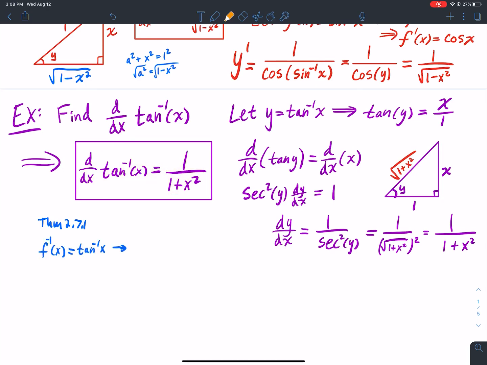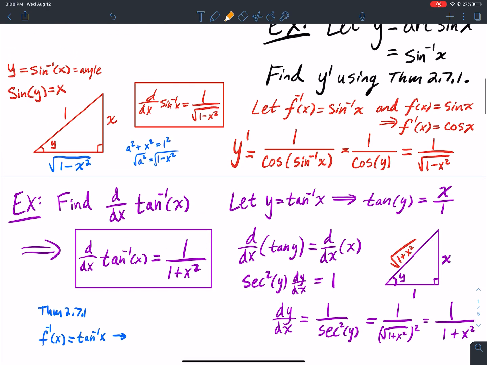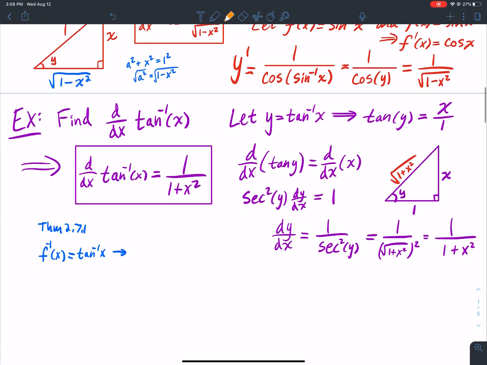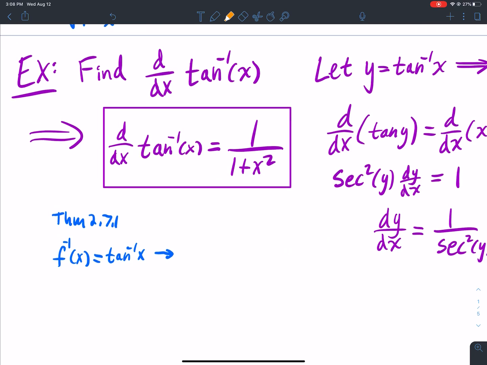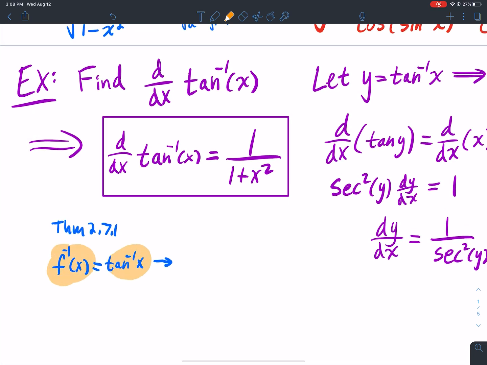Now, using the theorem, like we used up here, we start with the inverse. I know that the inverse is arctangent of x. If I do f of x, that's the tangent. The inverse of the inverse is just the regular function, f of x. The derivative of tangent is secant squared.